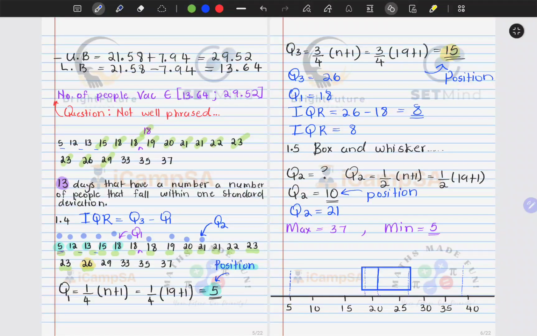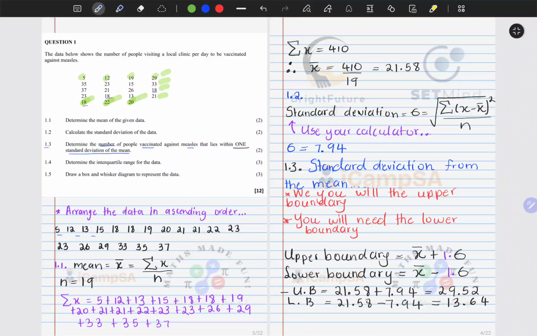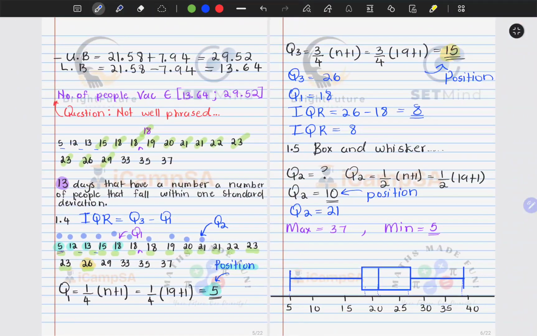That is our Q2, that is our median, and that is our max. Then we just connect this here, connect and connect. If you observe carefully, you'll see that this is skewed to the left. But that is what they were expecting you to be able to do. That's our box and whisker.